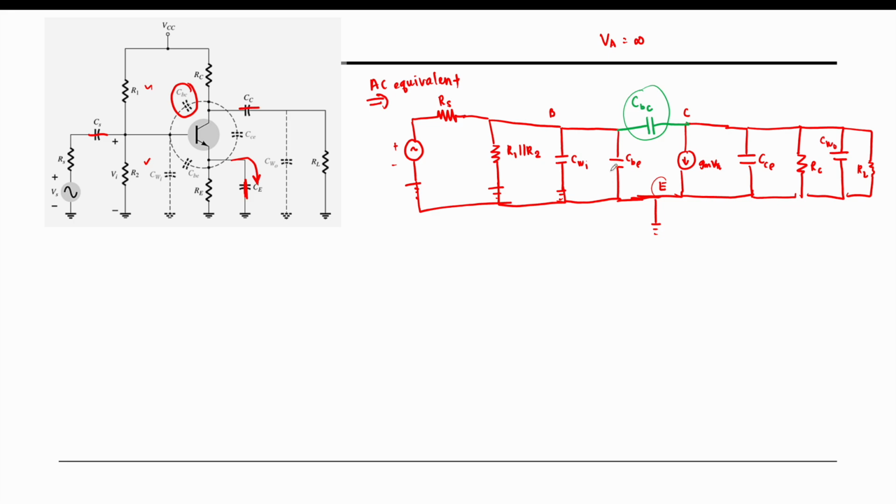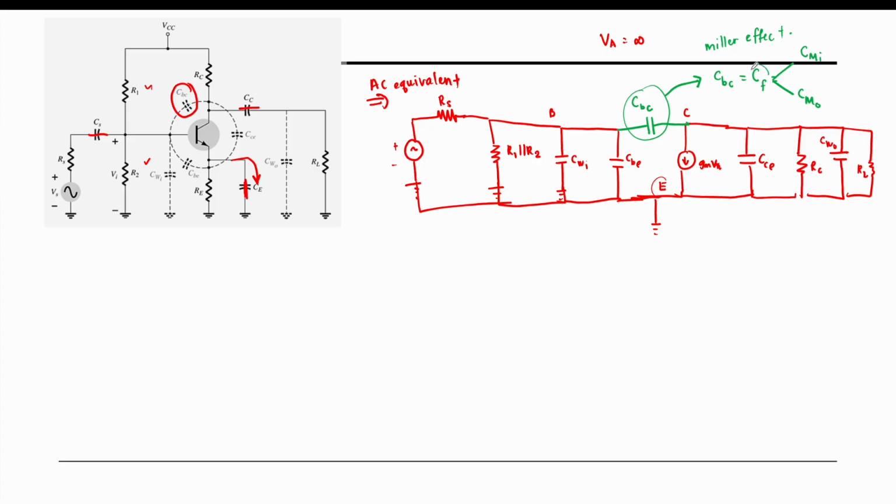How to simplify it? We can simplify this CBC by using the Miller effect, because our CBC is equal to CF, and this CF is equal to CMI and CMO.